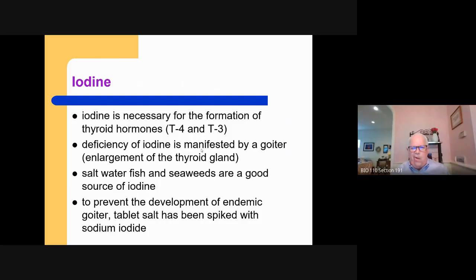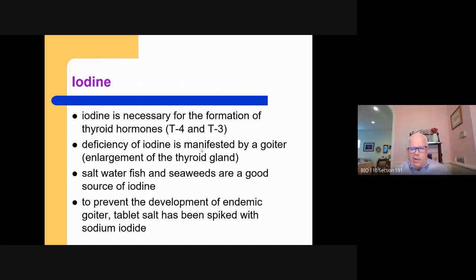Extremely important for thyroid gland maintenance. Without iodine, your thyroid gland will enlarge because you're not making enough thyroid hormones, and you'll get what's called a goiter.